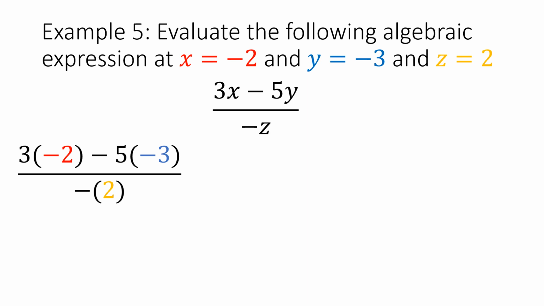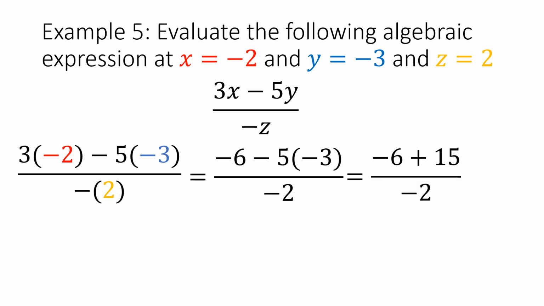And so my first order of operations, the thing I need to do here first is do 3 times -2. That's going to give me -6. So I have -6 minus 5 times -3 in my numerator, all divided by -2. Next, I need to do multiplication of the -5 and the -3. So that's going to give me a positive 15.